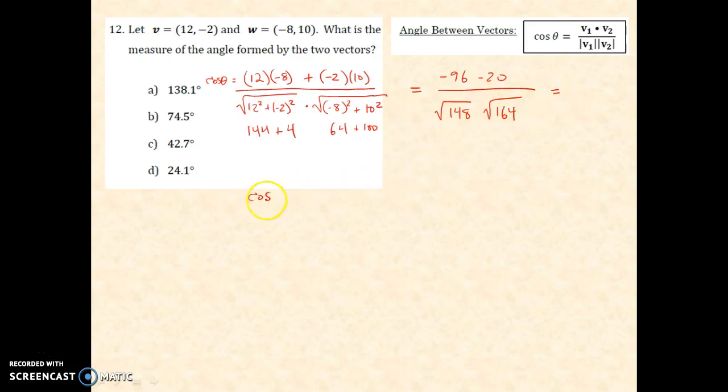So cosine of theta is equal to negative 116 over square root of 148 times 164. And theta is the inverse cosine of that.